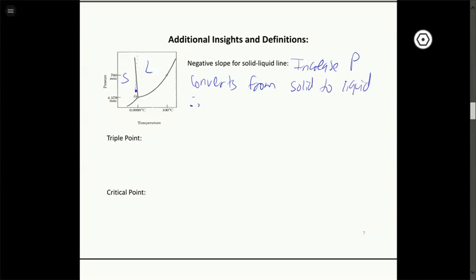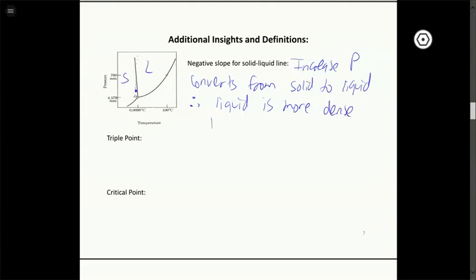And what that means for us is that the liquid is more dense than the solid, because as we increase the pressure, we're packing everything together more. So that means the liquid is more dense.